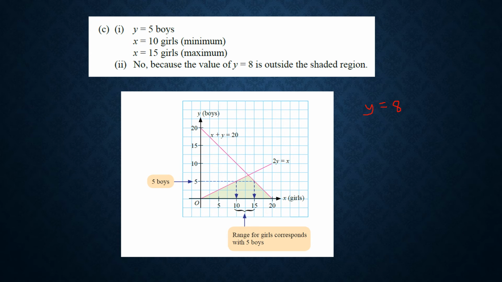From the graph, Y equals 8 is around here. Okay, this part here. When Y equals 8, it doesn't meet the region at all. So no, because the value of Y equals 8 is outside the shaded region.